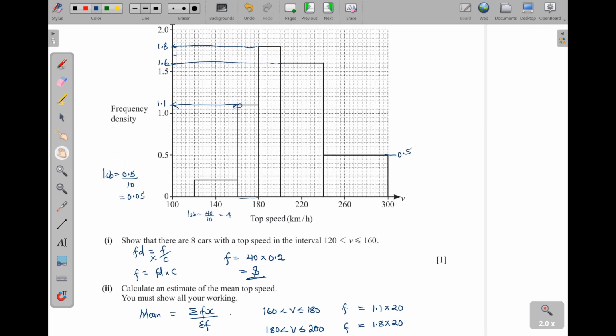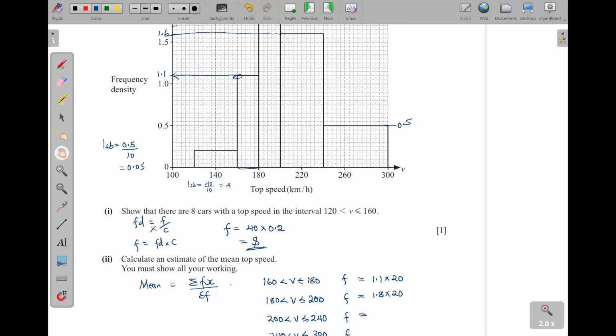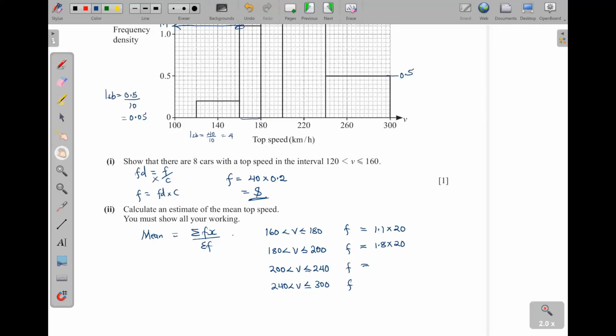We have 1.6, so I'll write here 1.6, then times 240 minus 200, that is 40. And then the last one is 0.5, then 300 minus 240, that one gives you 60. Okay, so this one gives you 22. This one gives us 36. This one will give us 64. And then this one will give us 30.